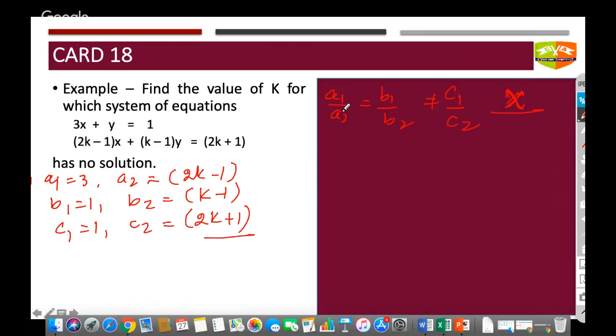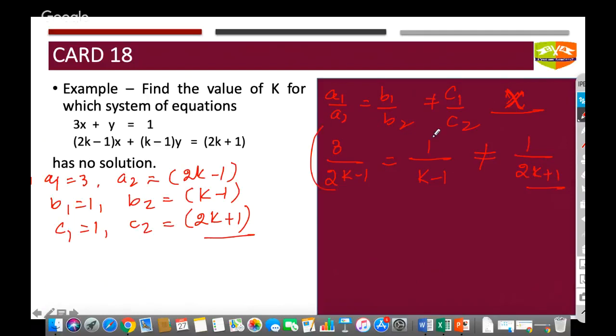So what happens over here is, let me write it, replace the values. 3 by 2k minus 1 is equal to 1 by k minus 1, and that is not equal to 1 divided by 2k plus 1.